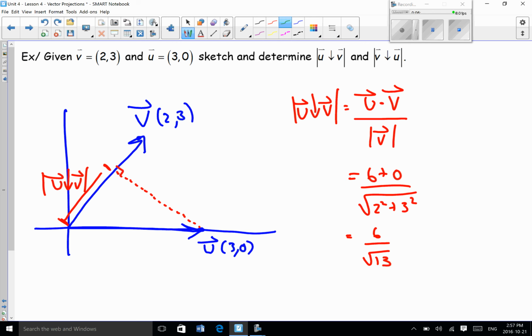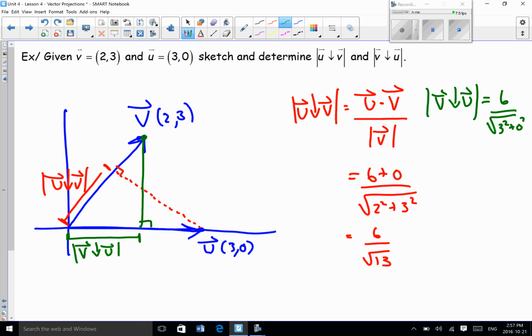If we did V onto U, so from the point of V down onto U, this distance here would be V onto U. And we can find that value by doing our dot product again, which we just found out was 6, over, because V is the second one, the square root of, I'm sorry, the square root of U. Sorry, 3 squared plus 0 squared.